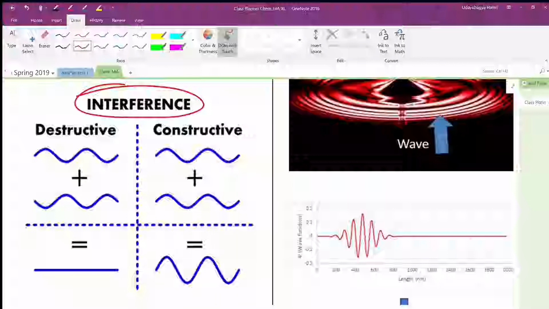But you don't see the same behavior when you have a particle. That can't happen. I can't line up these two things and have it suddenly disappear. So a particle cannot undergo an interference pattern, because that's what we see every day.